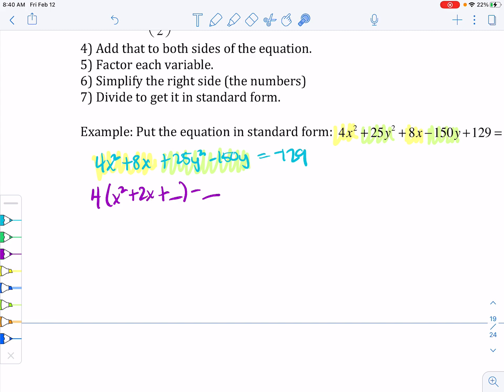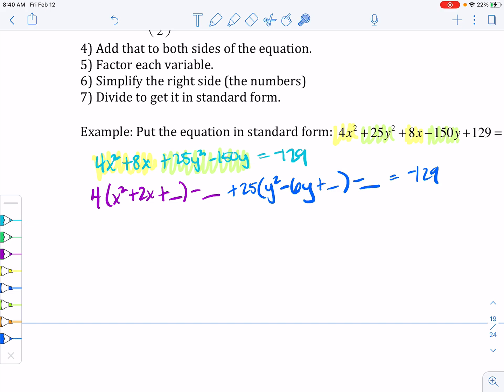Okay? We're going to do a similar kind of thing with the y's. So I have to take out the 25. And then I'm going to get 25 y squared divided by 25 is y squared. And then if we do 150 divided by 25, that gives us -6y. And plus blank minus blank equals -129. Okay.